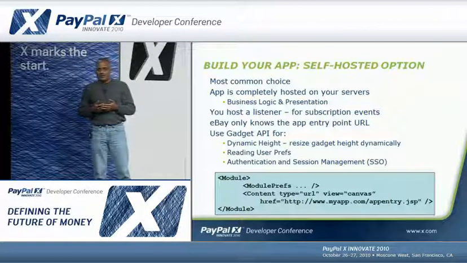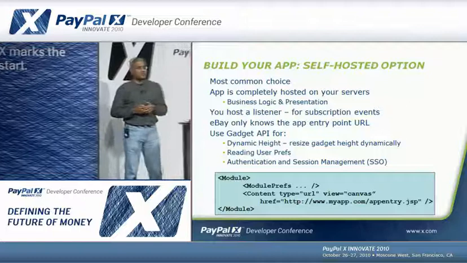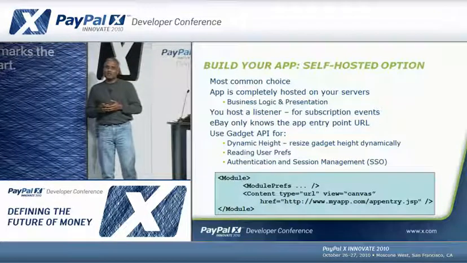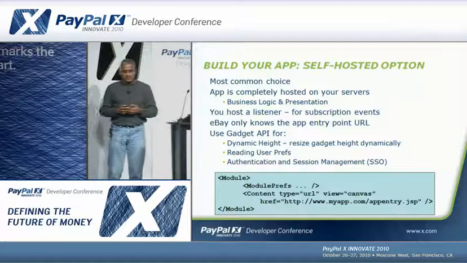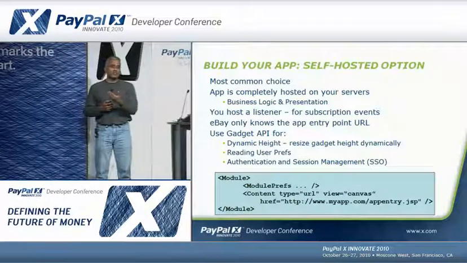You would have to take care of a couple of things per the gadget spec, and that's to do with resizing of the screen, the ability to read and write preferences that your customer has with your application via the gadget API, and of course accept the credentials that we would pass to you as the credentials for your application.